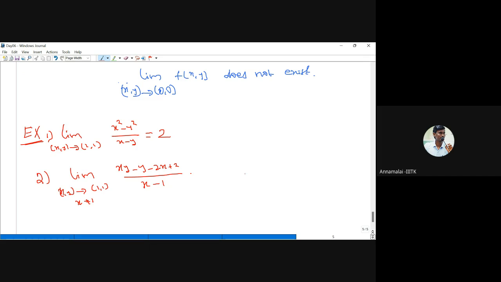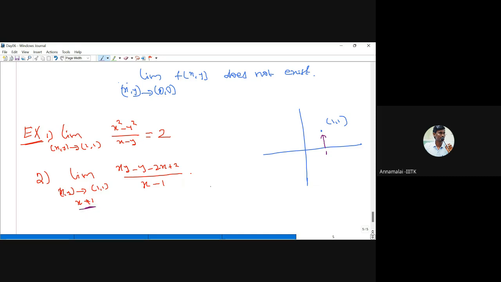So you want to approach the point 1 comma 1. Okay, so this is a plane, and this is the point 1 comma 1. It's given that you are not allowed to go along this direction, because you can reach the point 1 comma 1 via this line, but they said that you don't take that line.